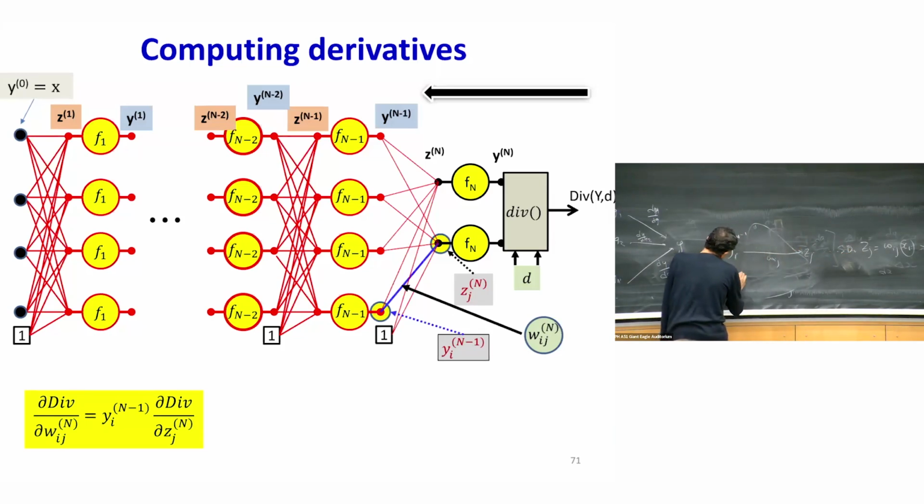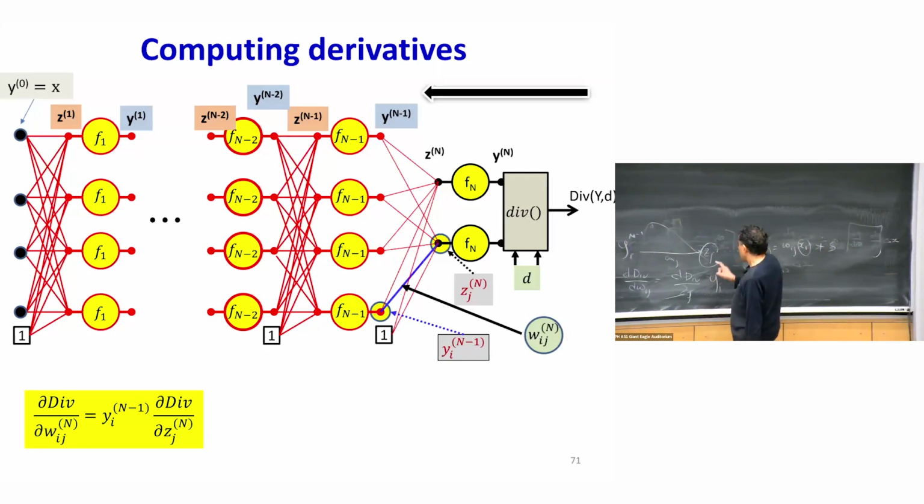So I can say that the derivative of the divergence with respect to wij is going to be the derivative of the divergence with respect to zj, times the input to the connection, yi. And so also the derivative of the divergence with respect to yi is simply going to be, what's that going to be in this case? I don't think it's very clear what I've written. Let me draw this more carefully.